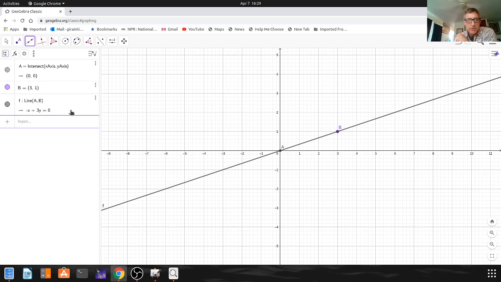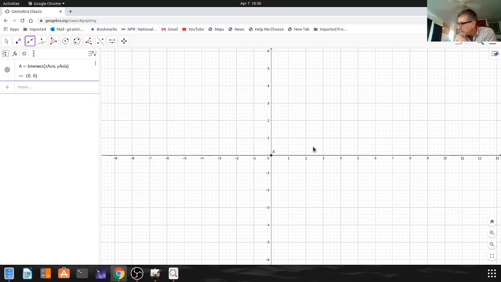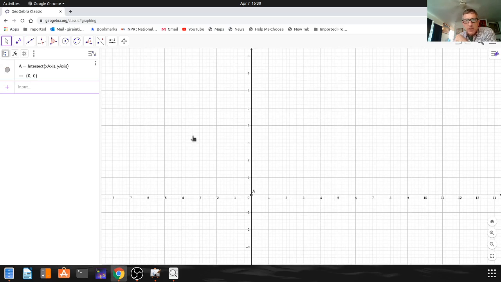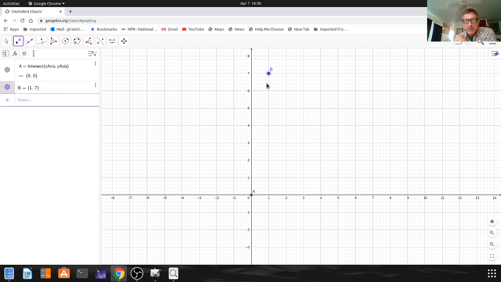Let's go up to GeoGebra, and let me delete everything I've got here. And let's find the first point. X value is 1. Y value is 7. Right there she is.